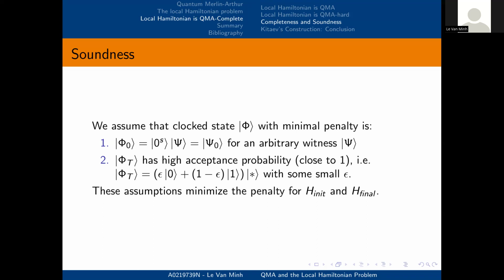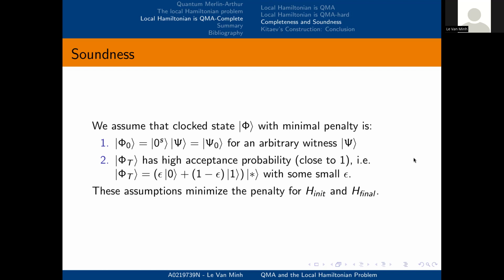Okay, and this is equivalent to the final state being equal to some small epsilon times ket 0 plus 1 minus epsilon ket 1. Well, there's supposed to be the square root sign there. It's an error in the slide.